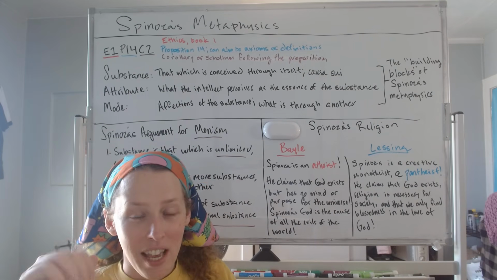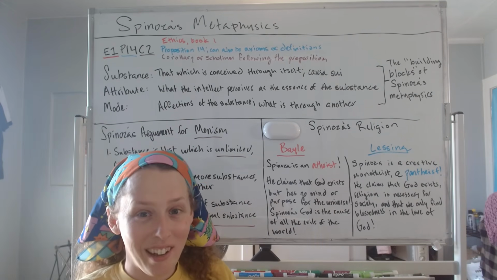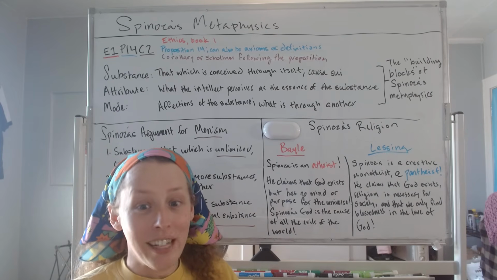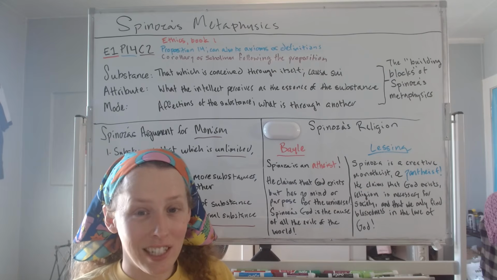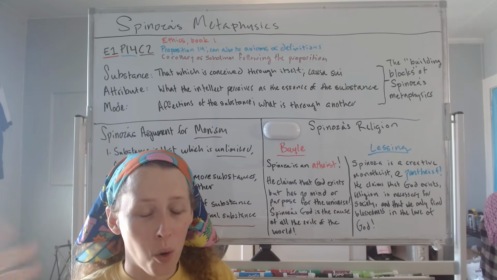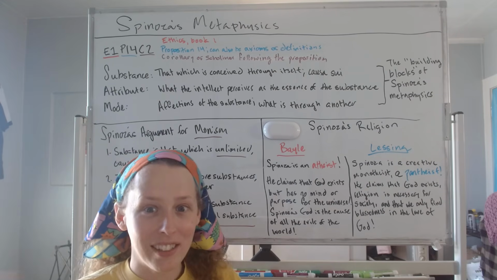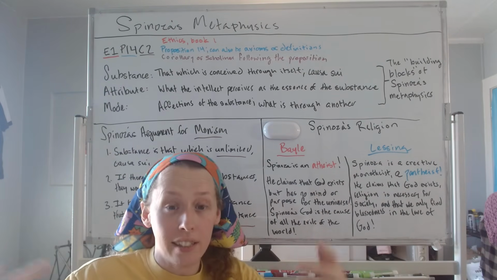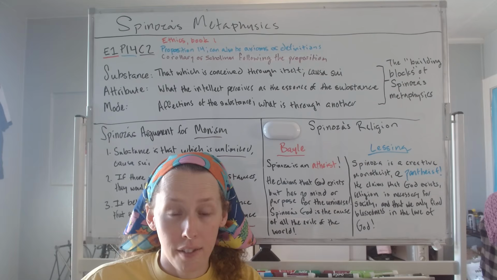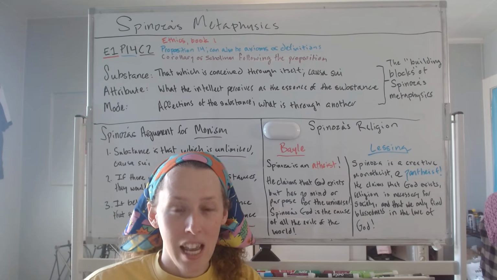And Lessing's argument is accordingly that Bayle is rather narrow-minded in his understanding of religion. It's like you're Christian or you're an atheist, right? And Lessing is trying to argue for a more expansive conception of religion.